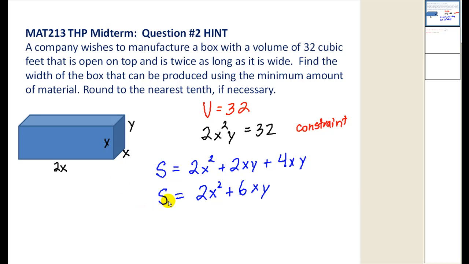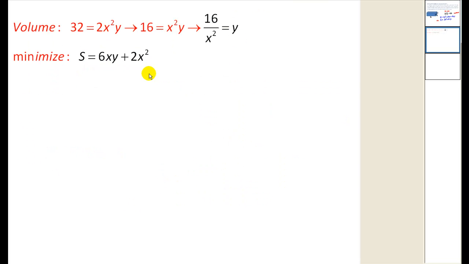The only issue now is if we want to minimize this equation, we have to write it in terms of one variable so we can find the derivative, set it equal to 0, and solve. Let's take this information over to the next slide. What we can do now is use the constraint, solve it for y, and perform substitution. So if we take this equation, divide both sides by 2, we'd have 16 equals x squared y.